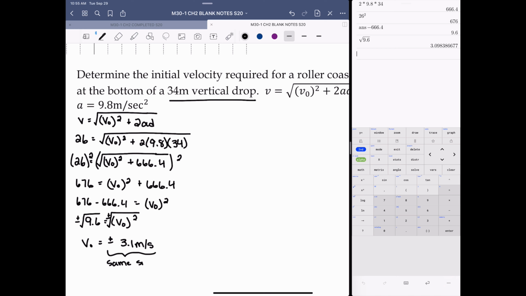Same speed but opposite direction. Which direction do we think it should go?